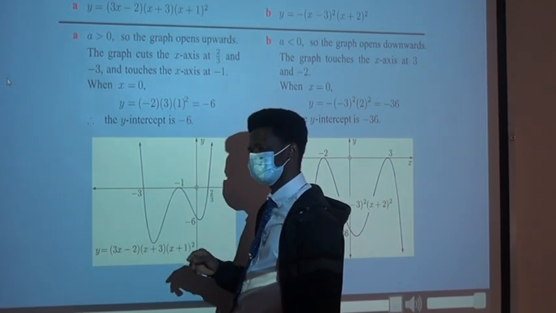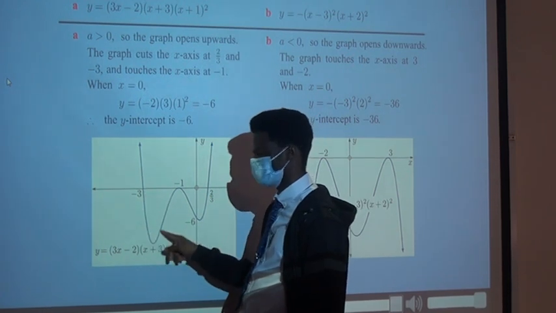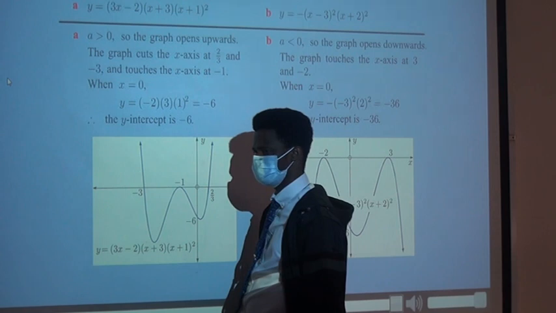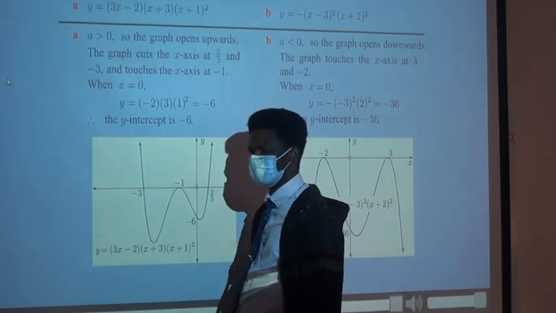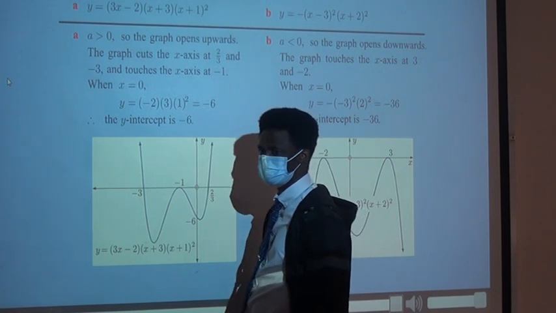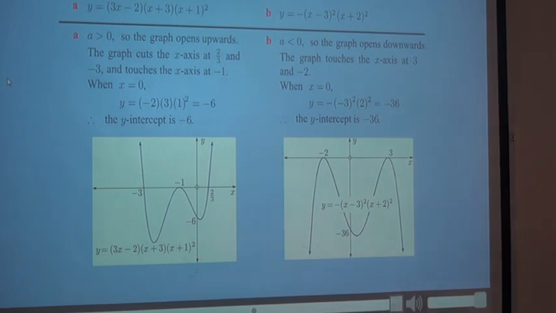So would the turning point of this part, the one that goes like that, be at -2? No, no, no. Because it's not symmetric. We don't have data that suggests it. It's not symmetric. Okay? So a good question there.